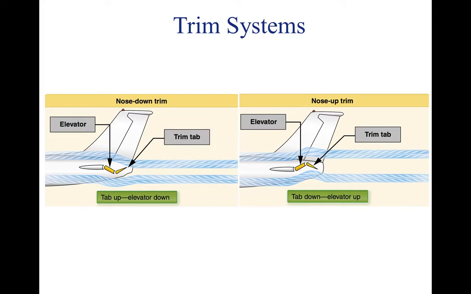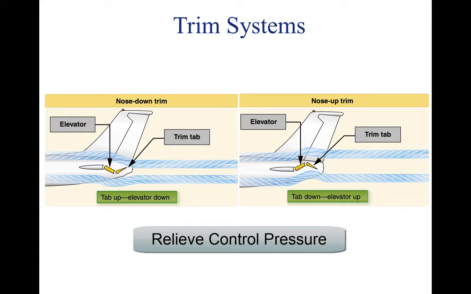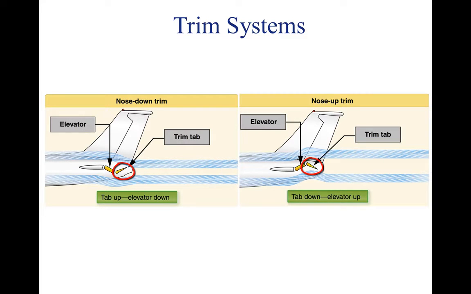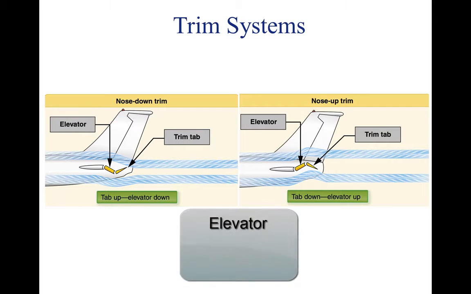Trim systems are used to relieve the pilot of the need to maintain constant pressure on the flight controls, and usually consist of controls in the airplane and small hinged devices attached to the trailing edge of one or more of the primary flight control surfaces, such as the elevator, rudder, and ailerons.